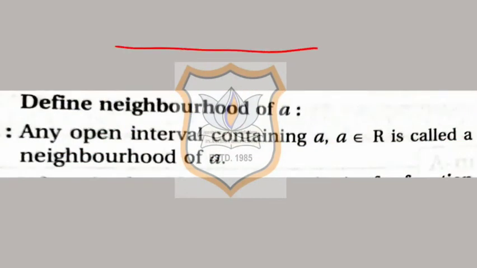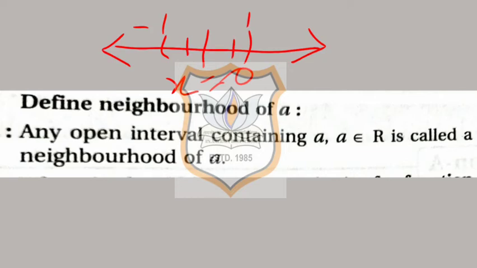Now suppose this is a real line, axis you can say. If this is the value x equal to 0, so the nearby region of x equal to 0, that is from -1 to 1 or -0.5 to +0.5, that region is called the neighborhood of a.